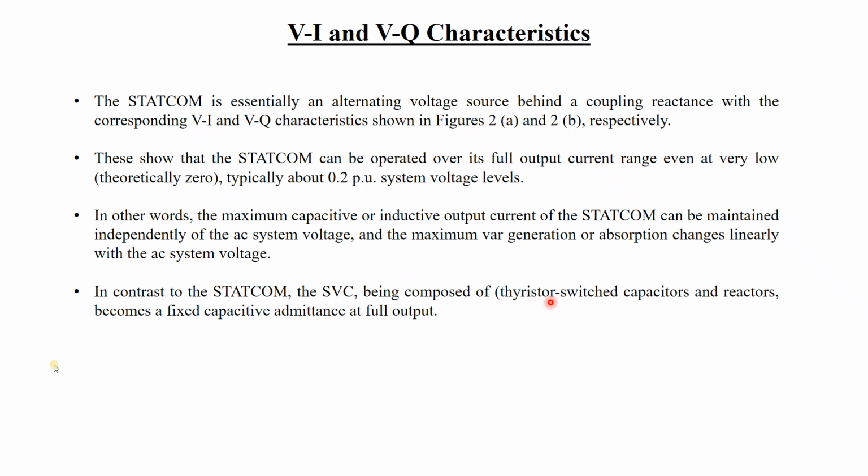But with the SVC, since it is thyristor switch controlled, it has a fixed capacitor, a fixed admittance at full output. So the capacitance is fixed and will not vary as in the STATCOM.